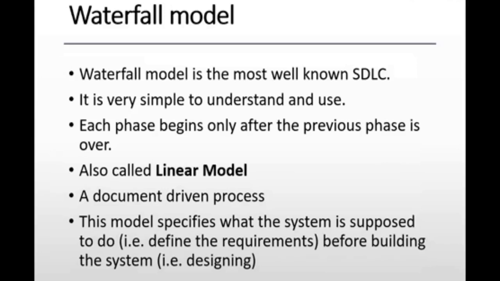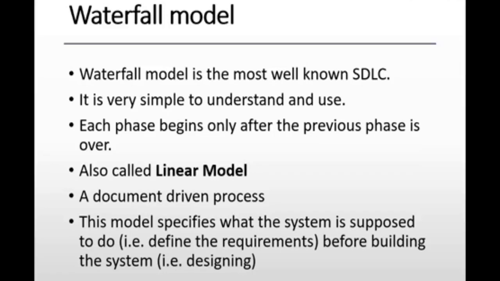And we have another name for this classical waterfall model. What is that? That is the linear sequential model. Why are we saying it's the linear sequential model, or the linear model? Because once we have completed the previous step, only then can we go to the next step. So sequentially, we are moving. Once we have done the feasibility study, only then can we go to the requirement gathering and analysis.